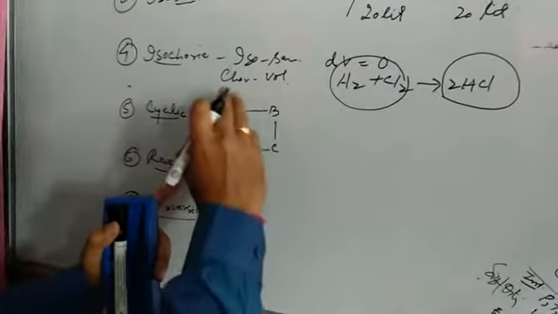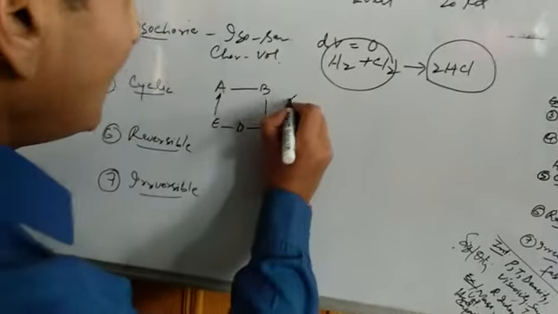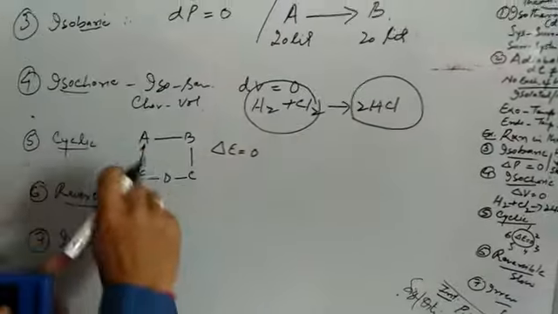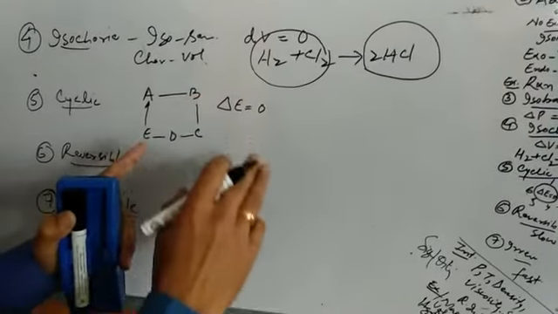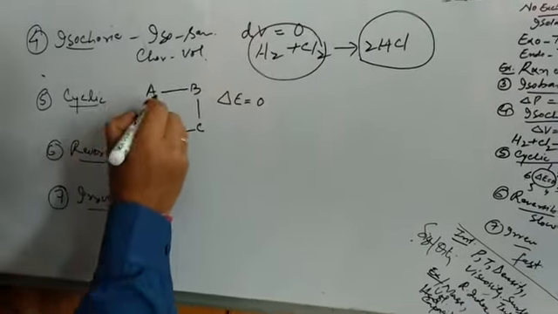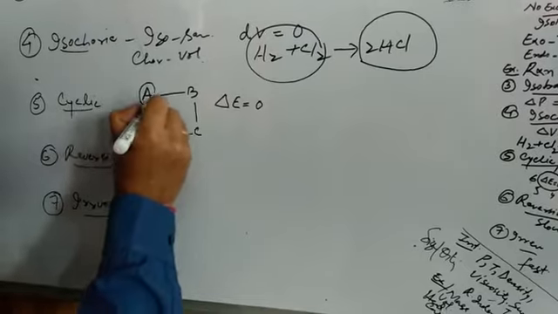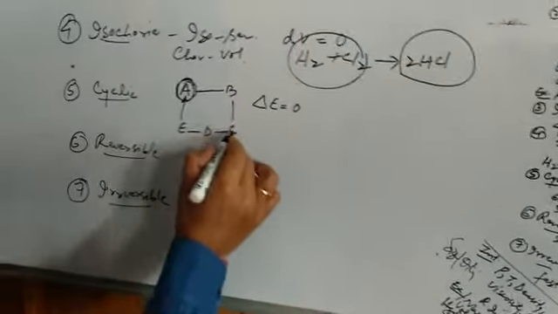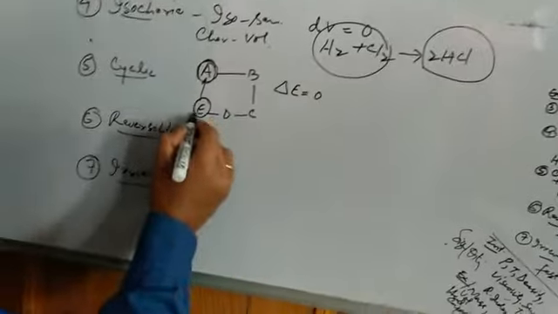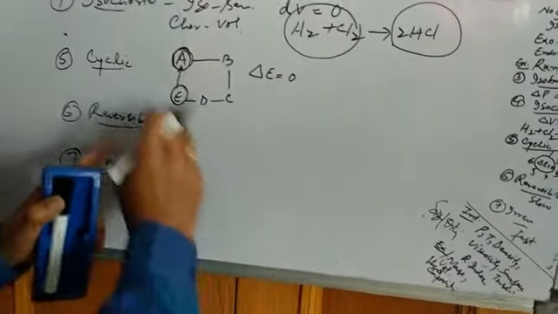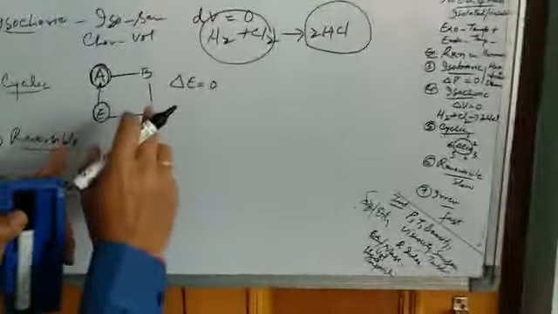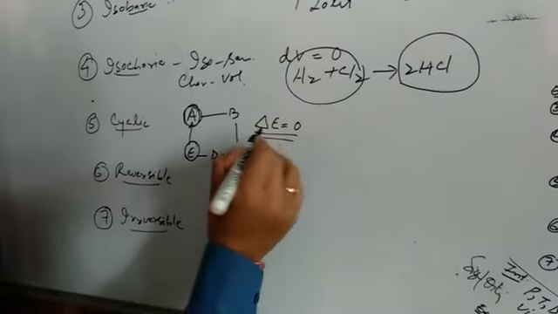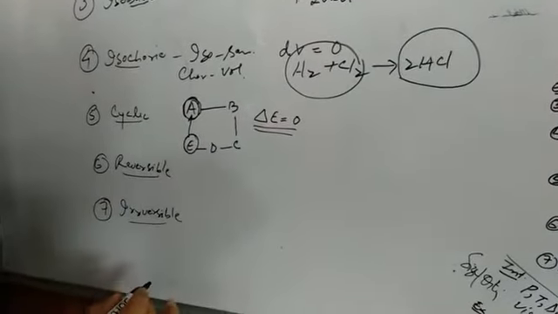But during this process, delta E should be 0. Delta E means there should be no change in internal energy. That is, the energy at the beginning should be as it is in the second, third, or in the final. This is the final stage. So in a cyclic process, delta E must always be equal to 0. That is, there should be no change in internal energy of the system.